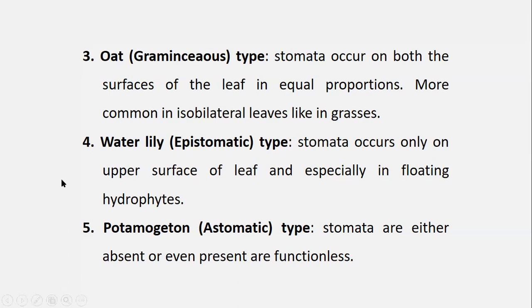And the last one is known as Potamogeton type or astomatic type, where usually the stomata are absent on both the surfaces, but if they are present, they are functionless. So these are the five different types of stomata based on the distribution. Okay, epistomatic, amphistomatic, gramineaceous, hypostomatic, and astomatic.